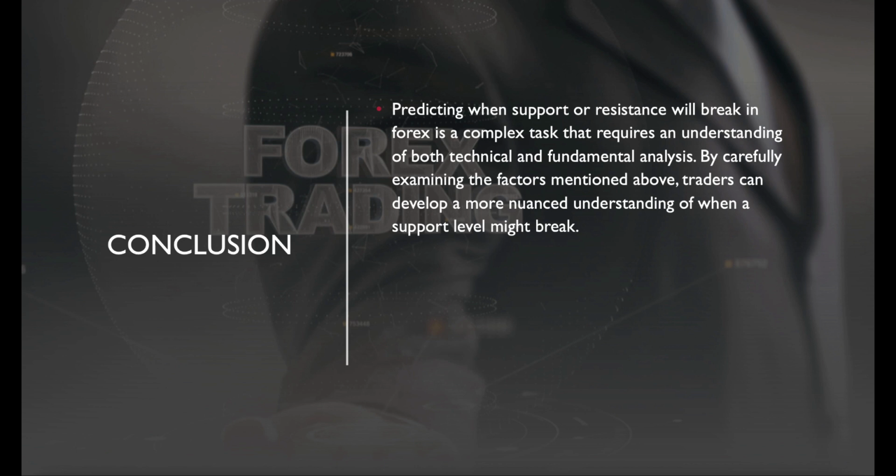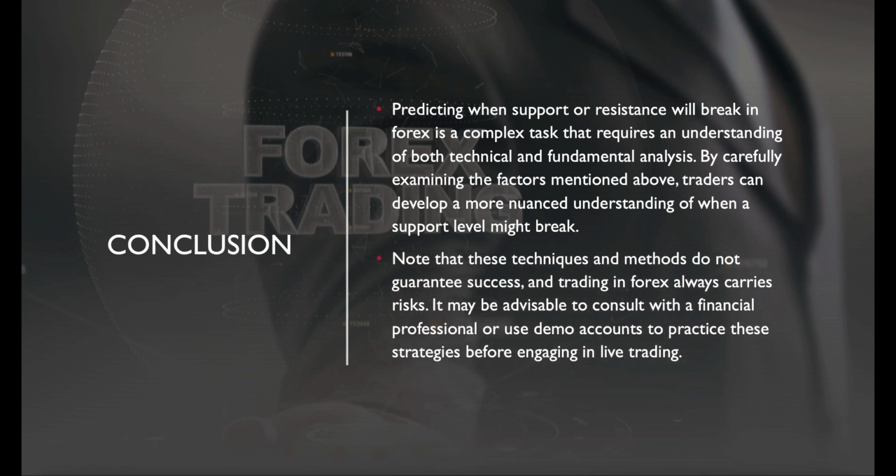These are the things that help us to understand when the support level might break and where to take the trade from. Again, these techniques and methods do not guarantee 100% success, but we can use these as a probable factor to be on the right side of the market, and to take the trade in the right direction of the market instead of going against the market.